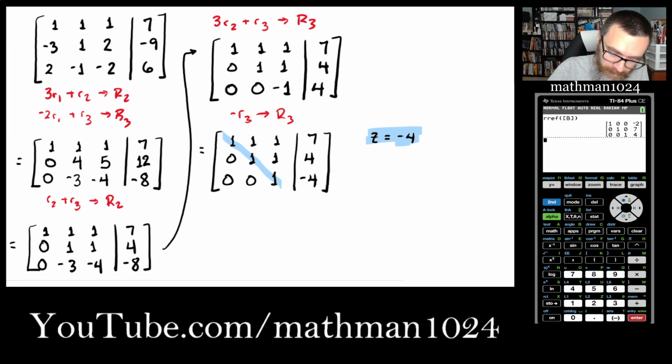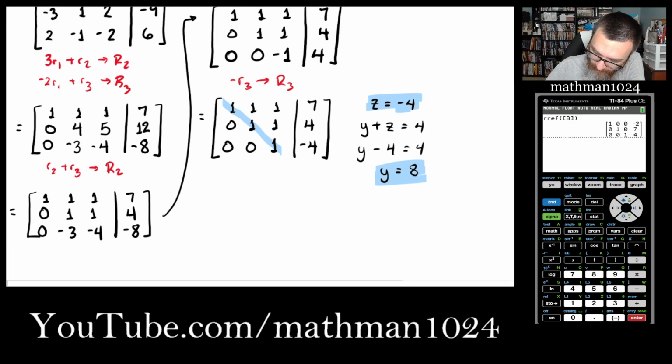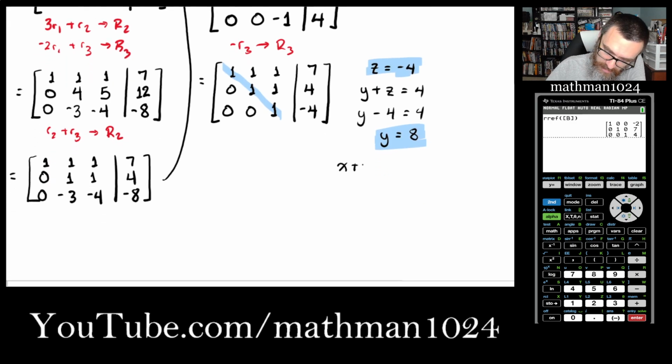All right. And then we have this. We have that y plus z equals 4. So it means y minus 4 equals 4. y equals 8. All right. We're almost there. So we had the one equation that said x plus y plus z equals 7.